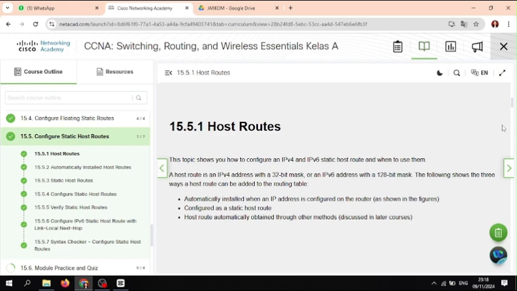Jadi topik ini membahas bagaimana mengonfigurasi rute host statis IPv4 dan IPv6 dan bagaimana menggunakannya. Nah, untuk IPv4 rute hostnya 32 bit, sedangkan IPv6 itu 128 bit.